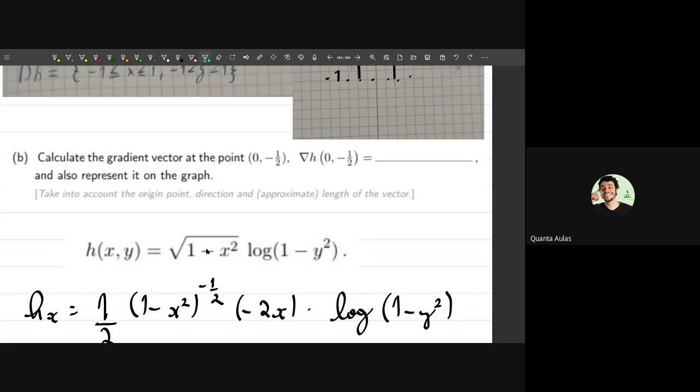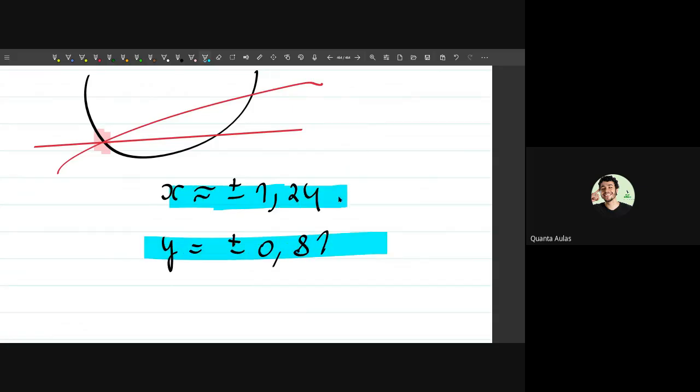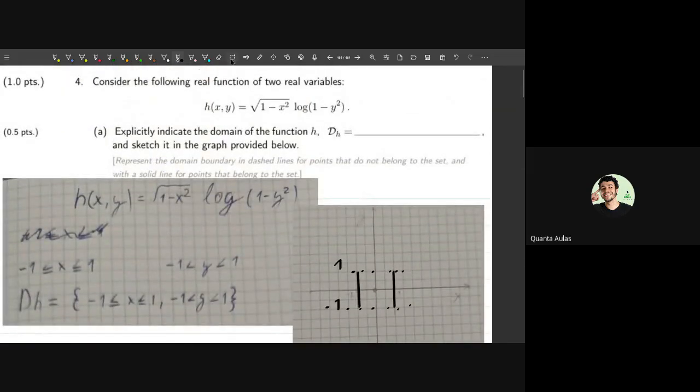But okay, if you have a point that is bigger, then the answer is one of these four points here. For example, we can test one point, the point 1.24 and 0.81, right? We put these values here, and you will get a value, okay? Then you can test another value and verify if it is bigger or smaller.